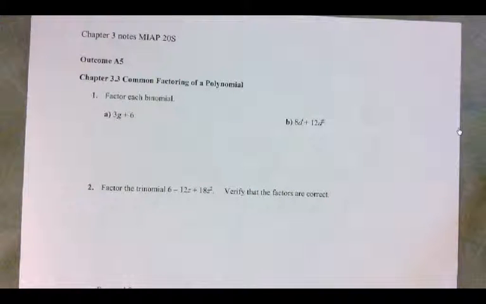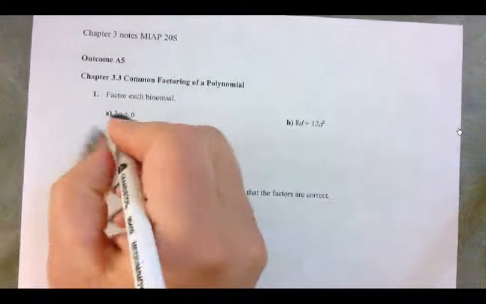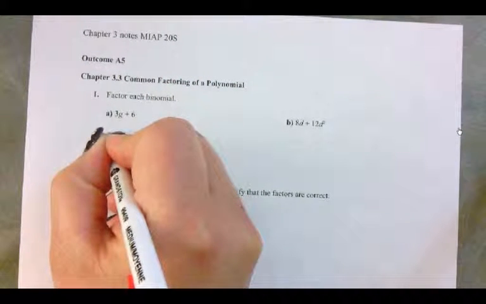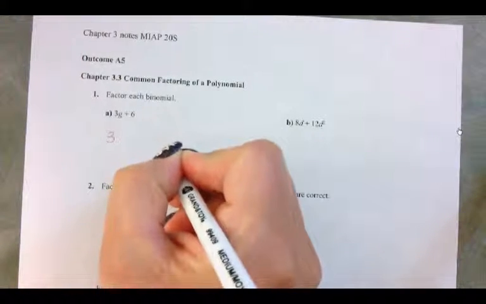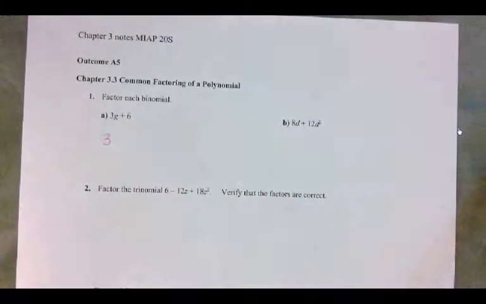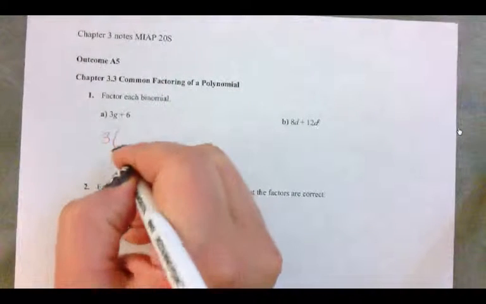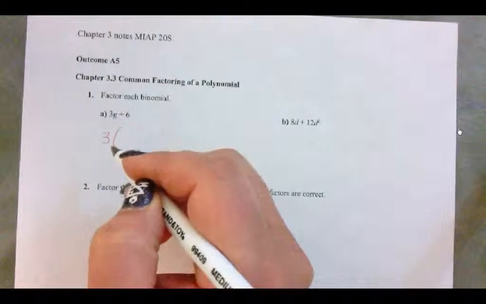3? So if I were to go 3g divided by 3, what would I be left with? G. And if I were to go 6 divided by 3, what would I get? 2. Okay, so what we want to do when we do a common factor is write out the GCF that we're factoring out, and then write in the bracket following what is left.